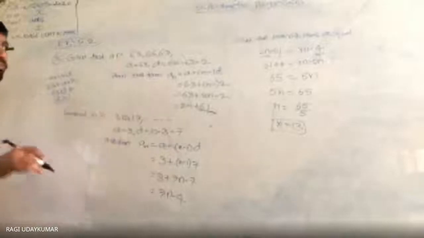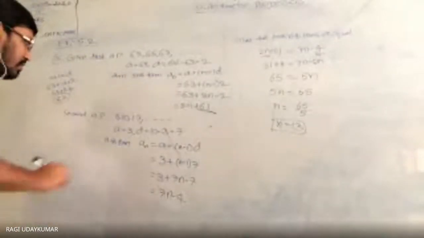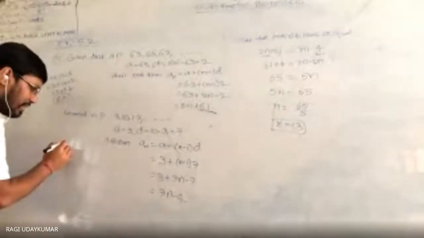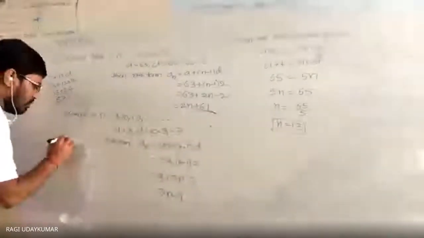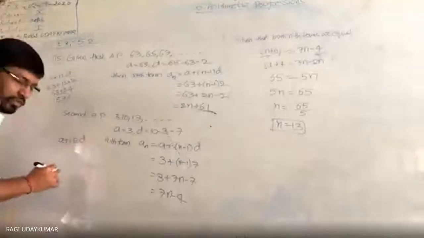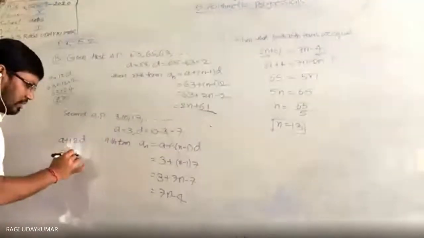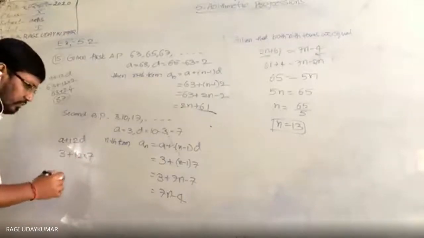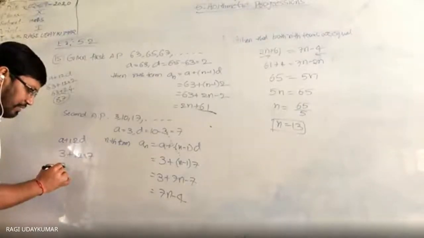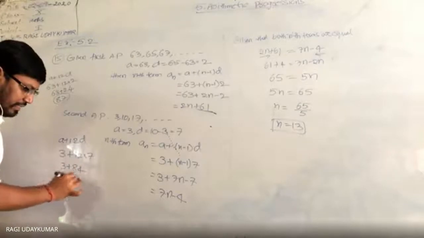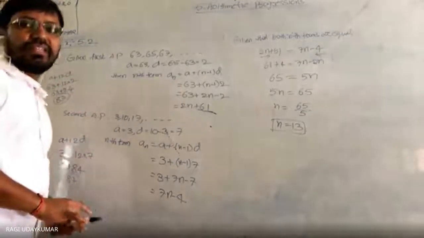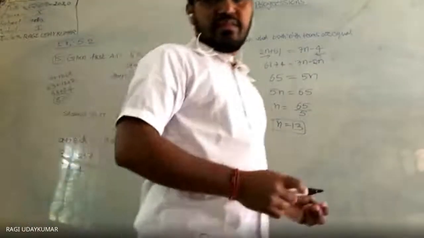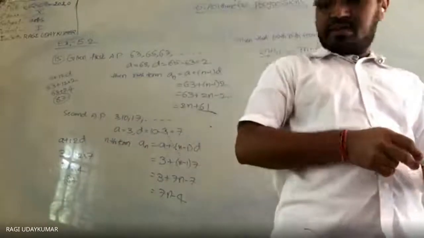In the other progression, the 13th term is also 87: a is 3 plus 12 into d, where d is 7. 12 sevens are 84, plus 3 gives 87. See, whatever we did is right. Did you understand?